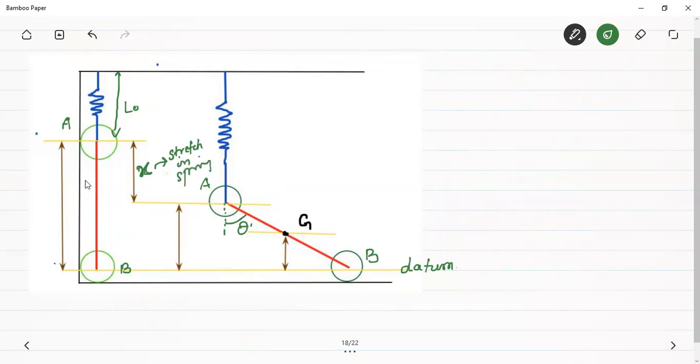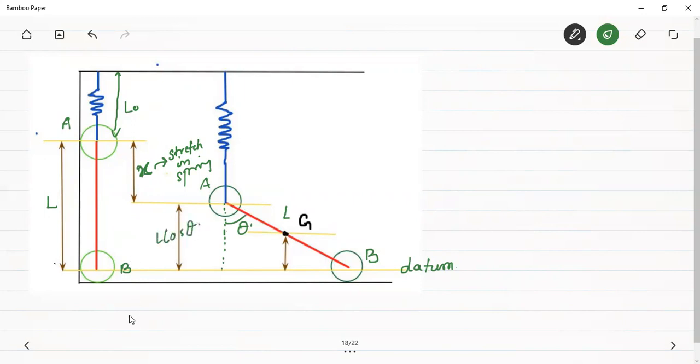One can easily find out the stretch in the spring. This distance is equal to L, because L is the length of this link AB, and from this right-angled triangle one can clearly see that this length will be equal to L cos theta.